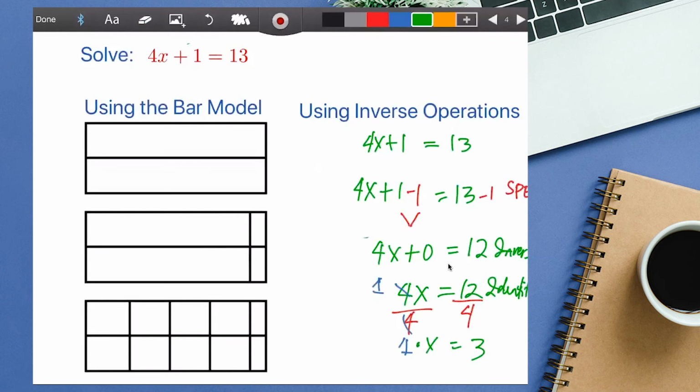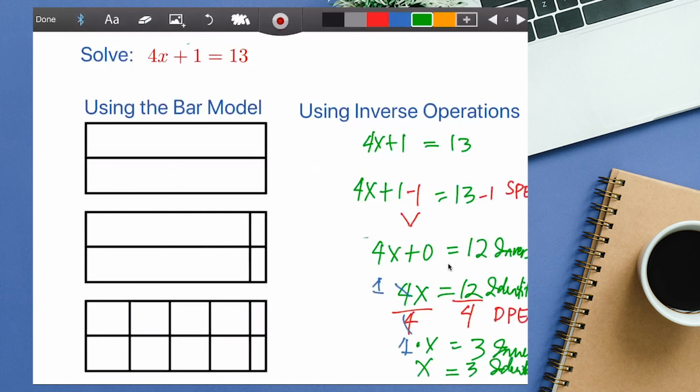This is justified by the inverse property for multiplication. By the way, the first one here is justified by the division property of equality when we divided both sides by 4. So 1 times x, again by identity property, gives us x equals 3, and this is justified by the identity property.